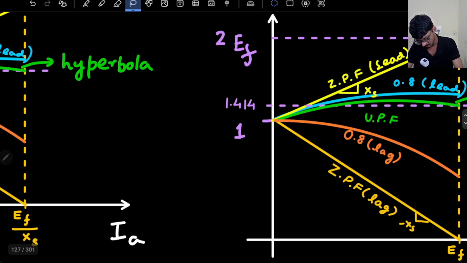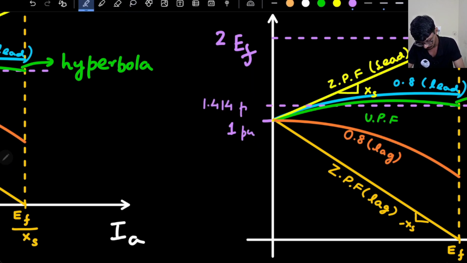I should write PU here, otherwise you will get confused. 1 PU, 1.41 PU, 2 PU. And this will be the value.